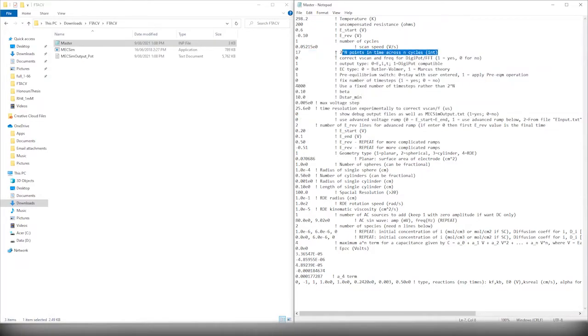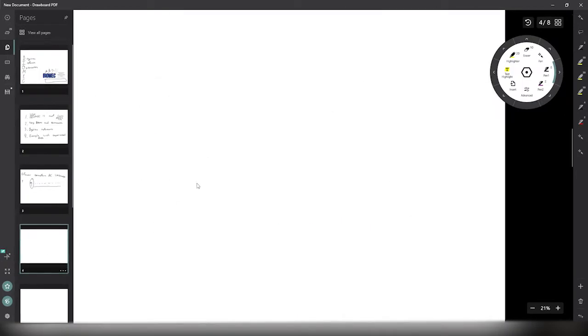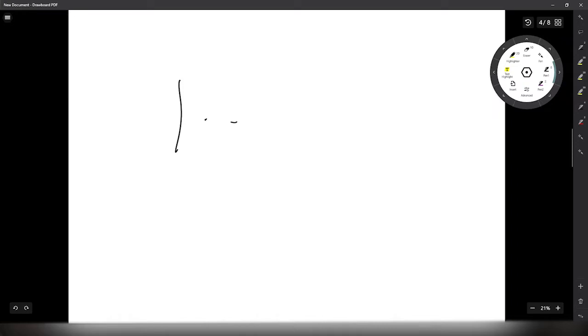The biggest, most important value is this one here, which is the number of time points that we simulate for. Now, partial differential equations themselves are generally only as accurate as the number of space points that you take.